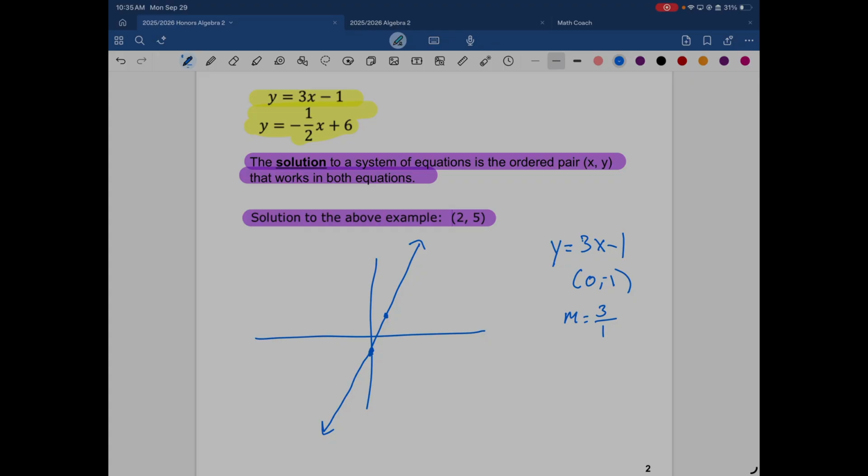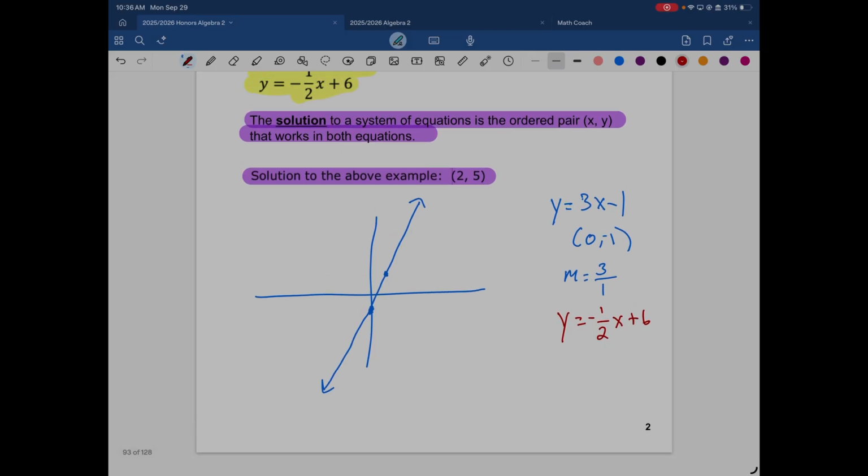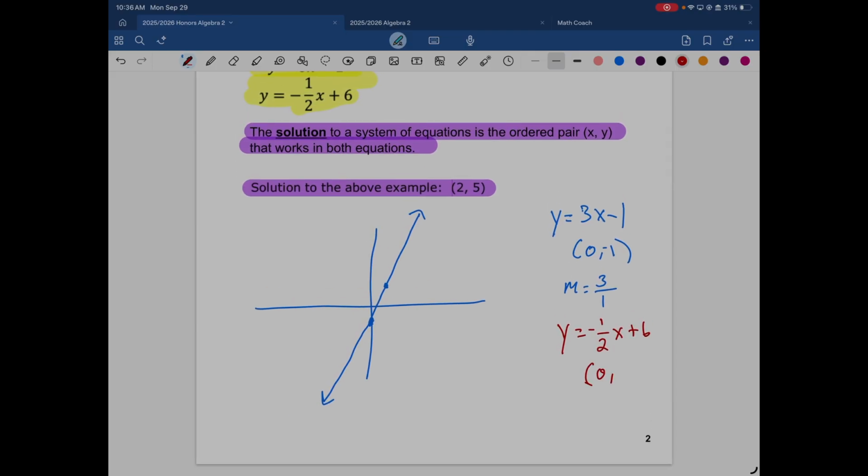The next one we have to graph then, and I'll graph this one in red, we have to graph the second equation, y is equal to 1/2 x plus 6. And we're going to do it on the same exact graph, because ultimately we're looking to where these intersect each other. So my y-intercept is my b value, so (0, 6). So at (0, 6), remember 0 left or right, up 6, I'm going to put a point.